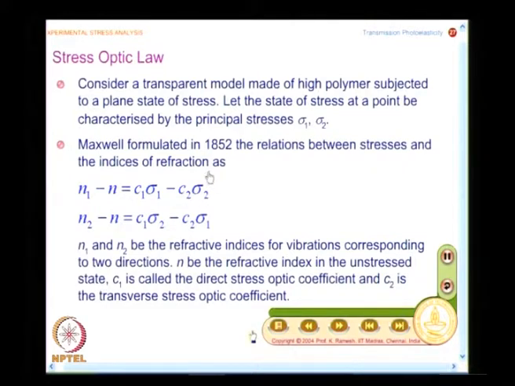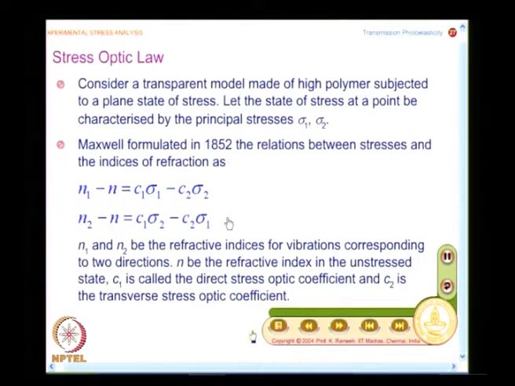Based on a series of experiments, he established the relationship n 1 minus n equal to C 1 sigma 1 minus C 2 sigma 2, and n 2 minus n equal to C 1 sigma 2 minus C 2 sigma 1. A similar exercise could be extended for 3 dimensions, which I am not paying attention to now.